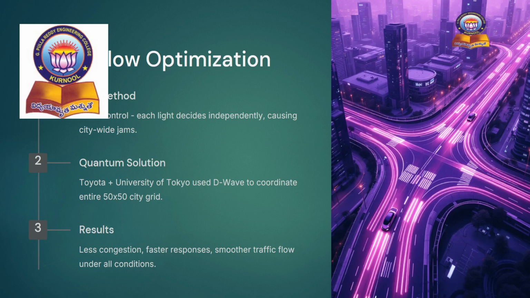The results are less congestion, faster responses, and smoother traffic flow under all different conditions. This is one of the quantum solutions that has been applied to the traffic flow optimization application.